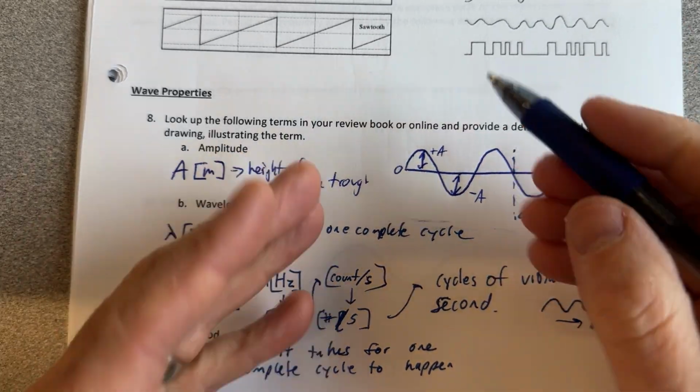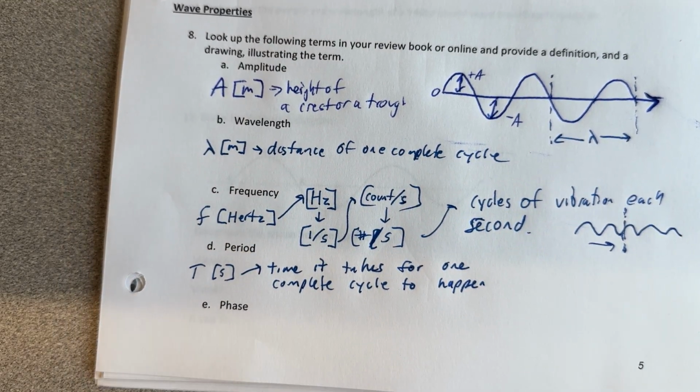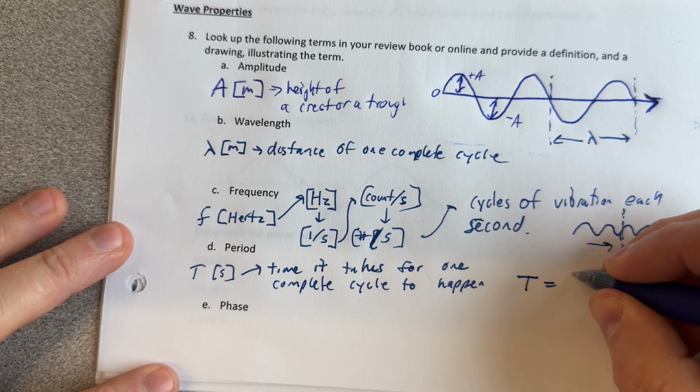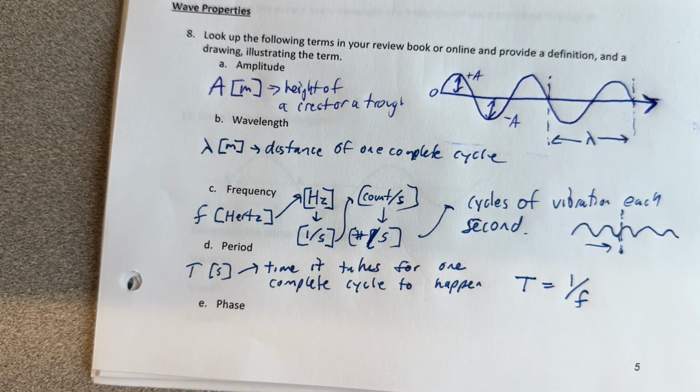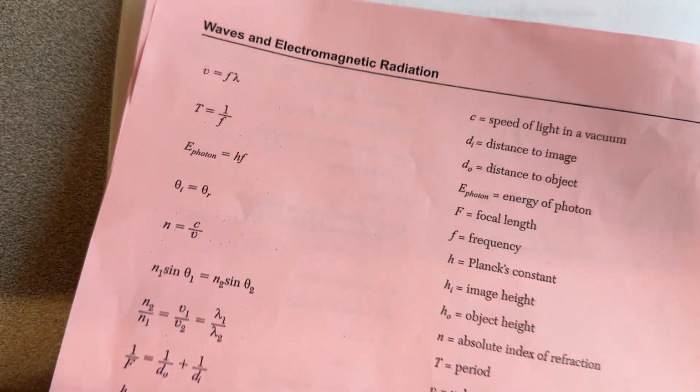Or how long does it take a full wave to pass some point in the medium? And there's a relationship: period is 1 over frequency, and that's an equation that we have on our reference table. I'll have to grab a reference table here. Hold on one second. We've got right there, period equals 1 over frequency.